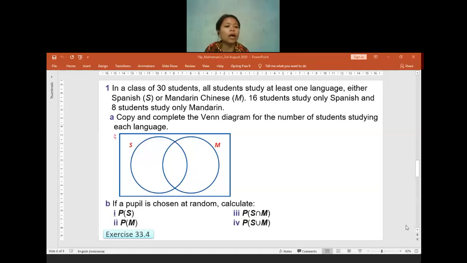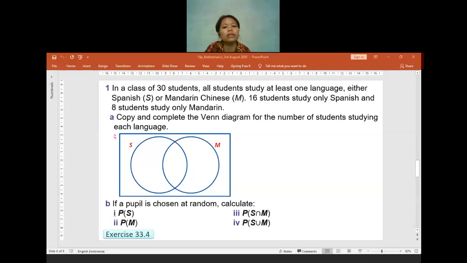For question 1, in a class of 30 students, all students study at least one language, either Spanish or Mandarin. 16 students study only Spanish, and 8 students study only Mandarin.